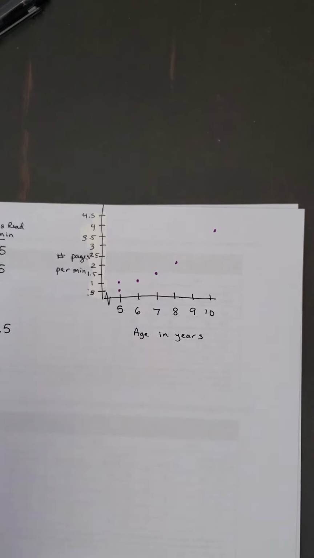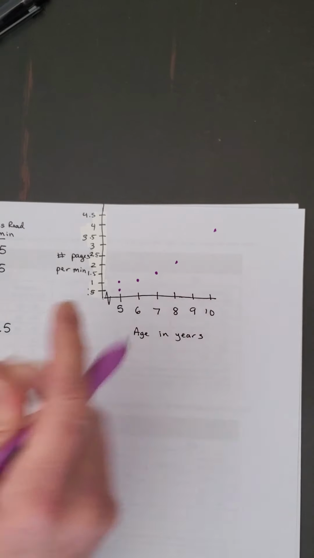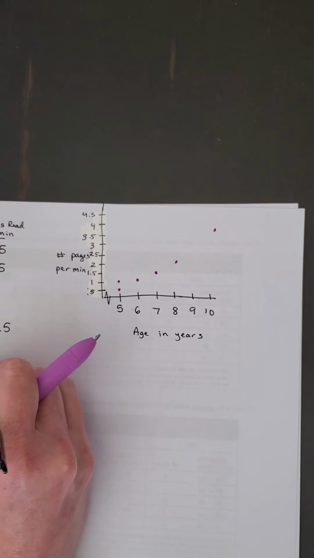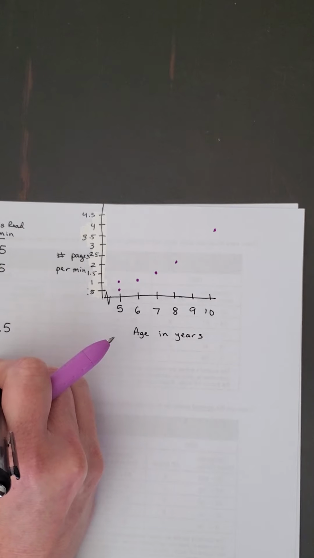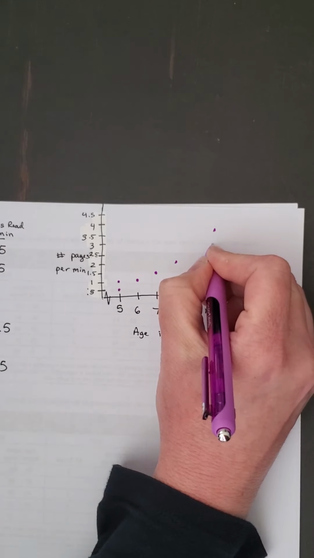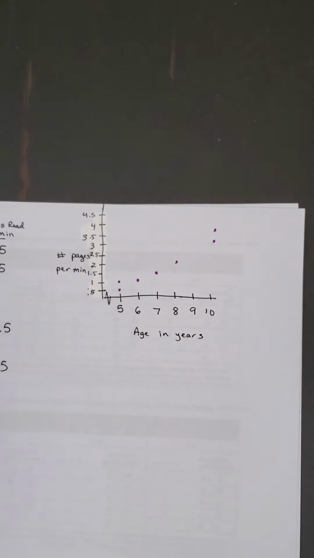And maybe just to make this a little bit nicer looking, I'm going to put in one more data point, 10, 3.5, just so it looks a little more linear. Remember, I get to decide to make it linear, so I'm just making this data set up.